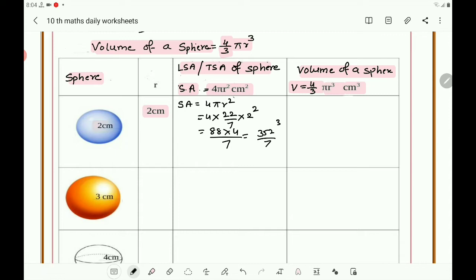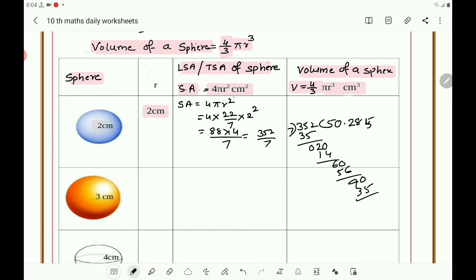Then divide 352 by 7. 7 5s are 35. You take that 2 down, and you know that 2 is smaller than 7, so you write 0, then you take 0 here and put a point here. 7 2s are 14, then 6, then 7 8s are 56, again 4 is remaining. 7 5s are 35.